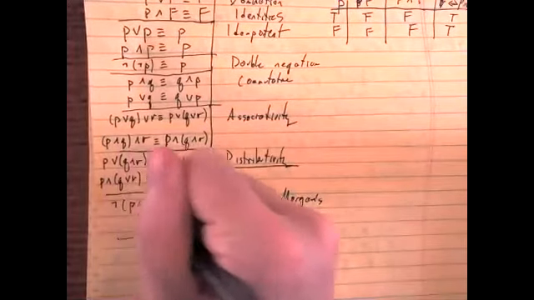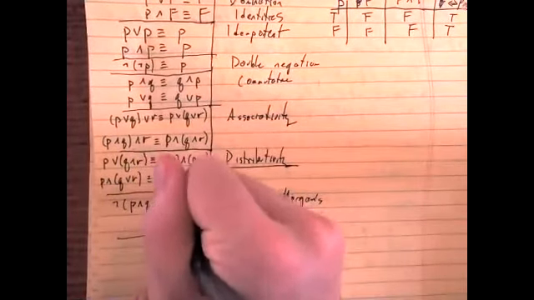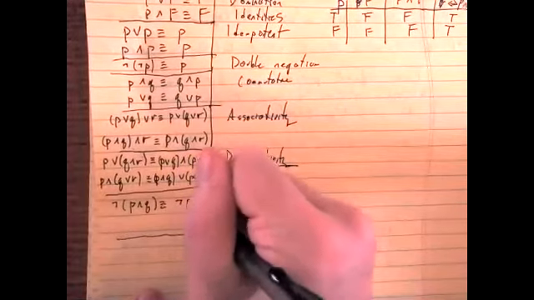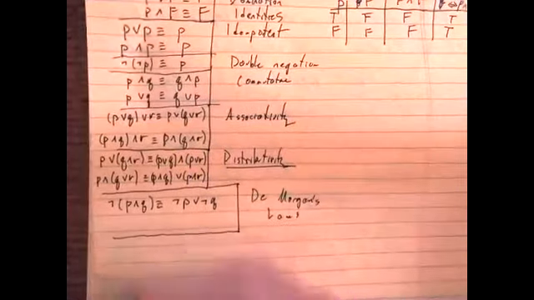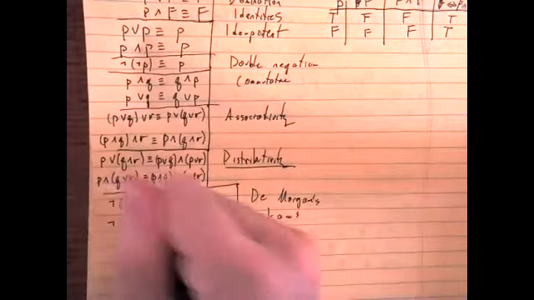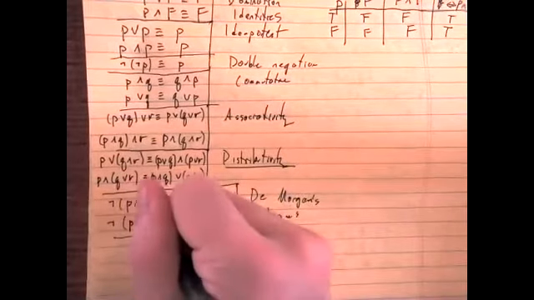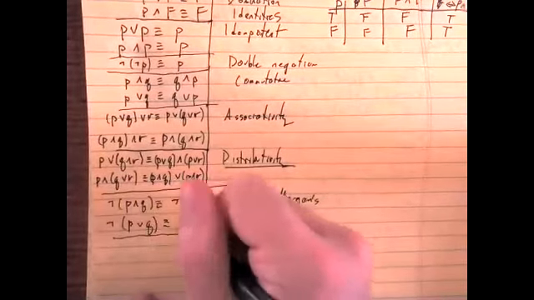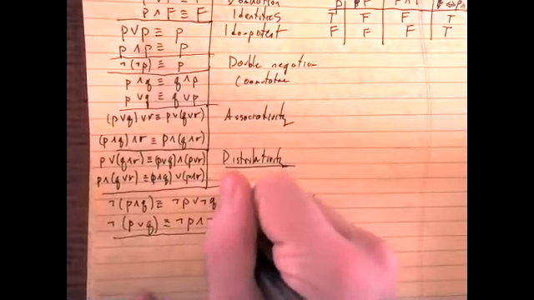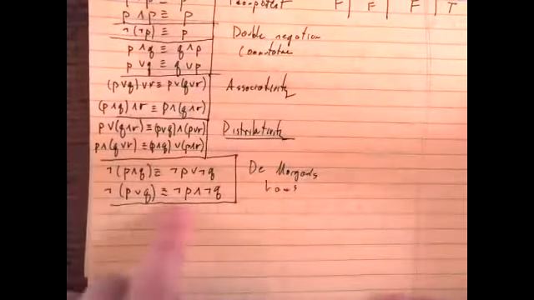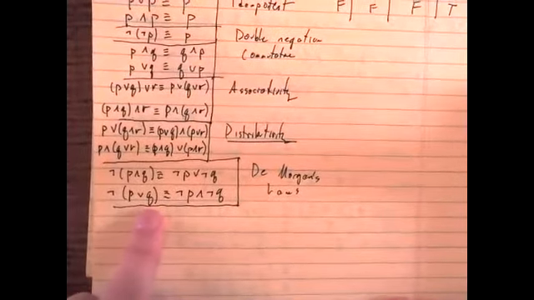Not (P and Q) is equivalent to not P or not Q. And similarly, not (P or Q) is equivalent to not P and not Q. We proved one of these earlier today. I forget which.